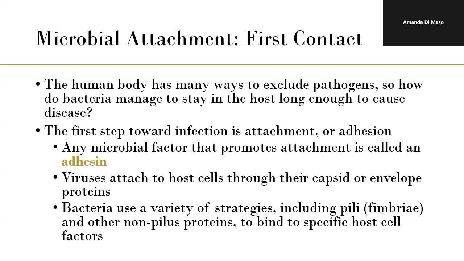Basically, they like to use pili, also called fimbriae, or they'll have other types of proteins on their surface that will allow them to attach to our surface proteins. And that helps them gain entry. And we'll learn that there are pretty cool things they can do that can actually trick our cells to take them in, and then they live inside our cells too, where it's an even safer environment because the immune system can't get you there for the most part.